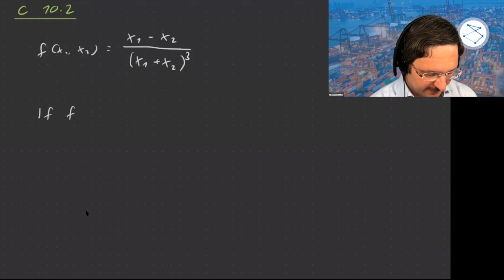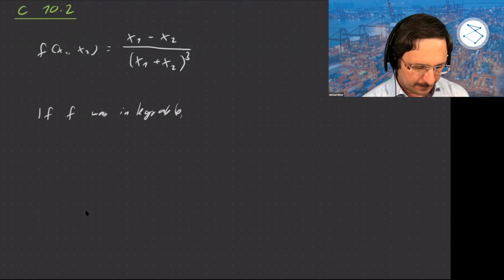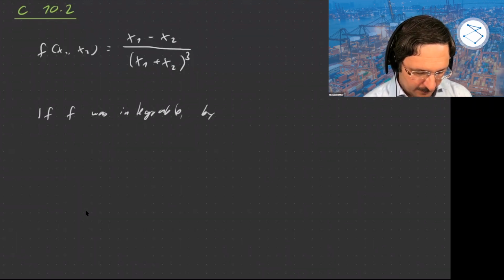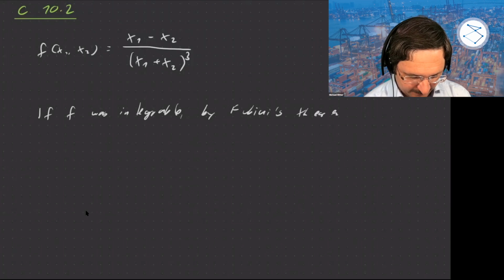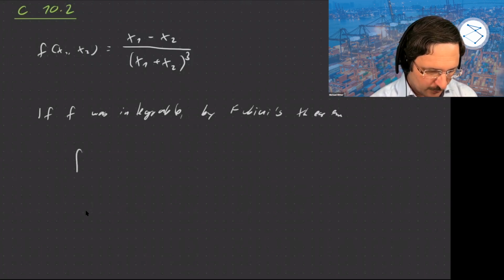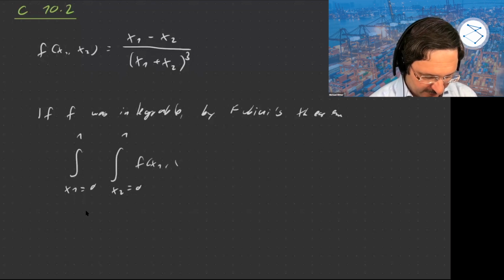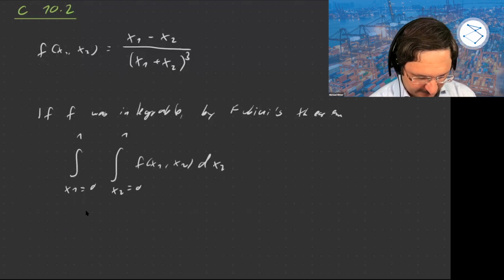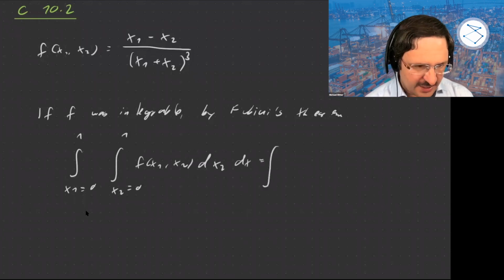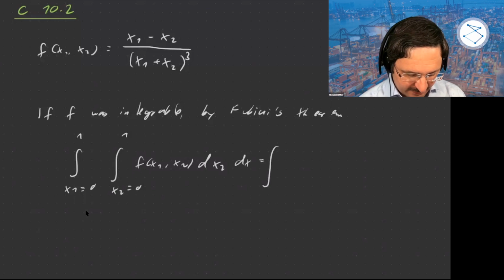So if f was integrable, by Fubini's theorem, we would have that the integral from x1 equals 0 to 1, and inner integral x2, 0 to 1, of that integral here, dx2 dx1, would be equal to the iterated integral in the other order.